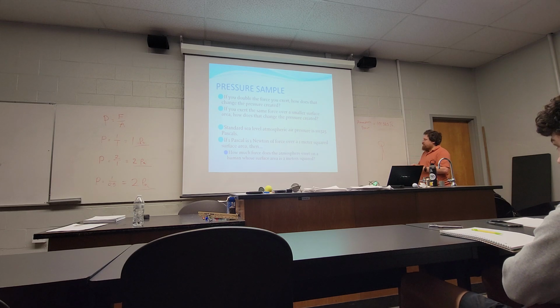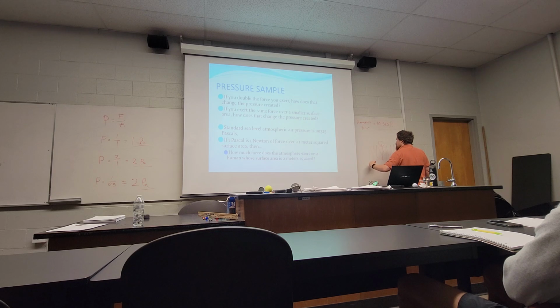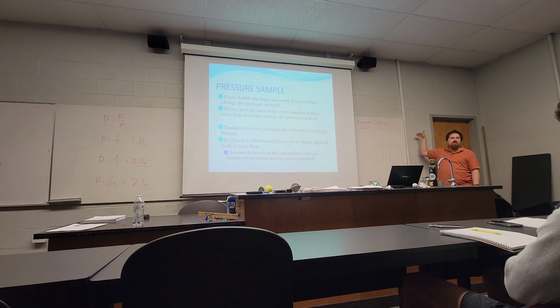And so if you sat on one nail, things wouldn't go so well. But if you sat on a lot of nails, like even if it's just 10 nails, that's 10 times the surface area, and therefore 10 times less pressure, and you're less likely to hurt yourself.